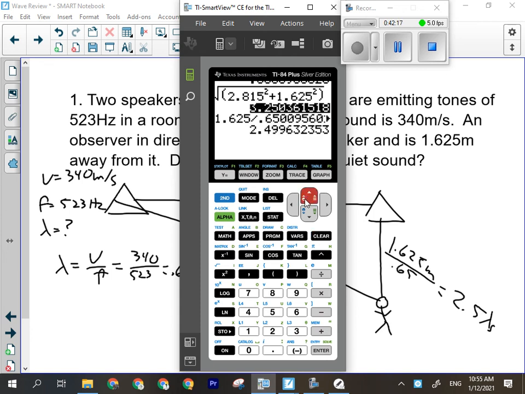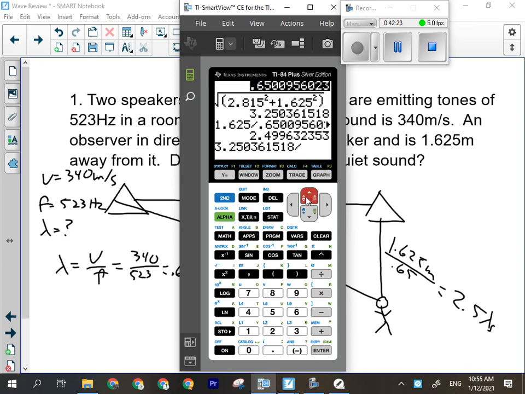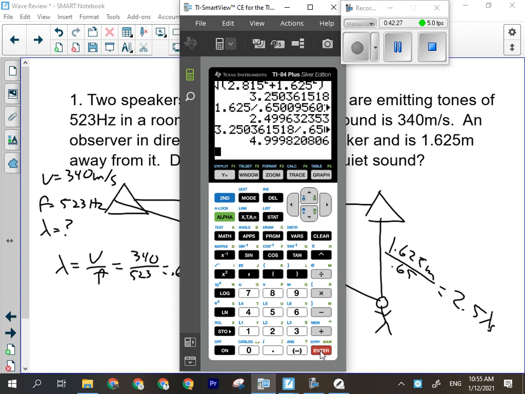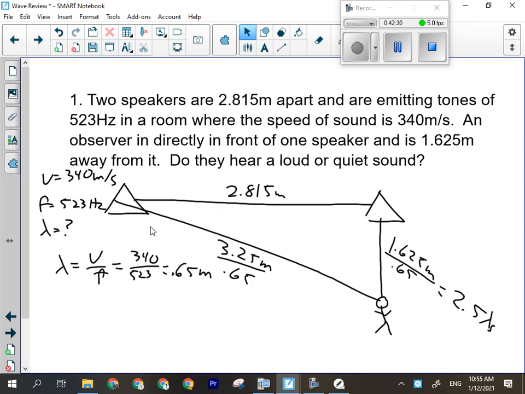Gotta try that again. And that number divided by that one. All right, and that's 5. So I got 2.5 wavelengths from one speaker, 5 wavelengths from the other.